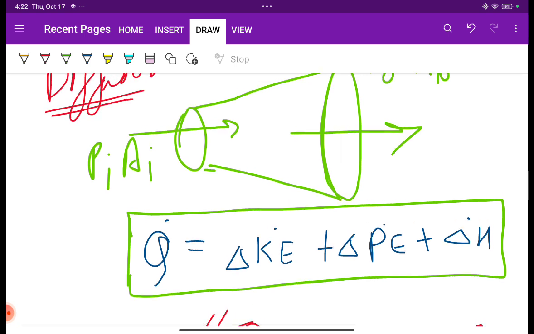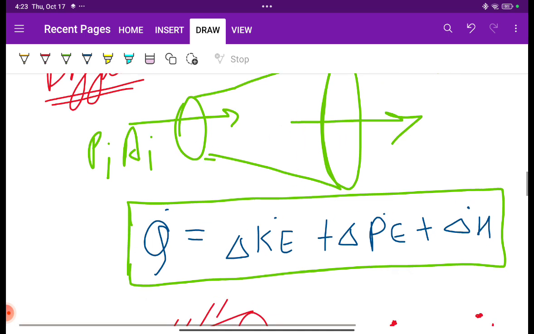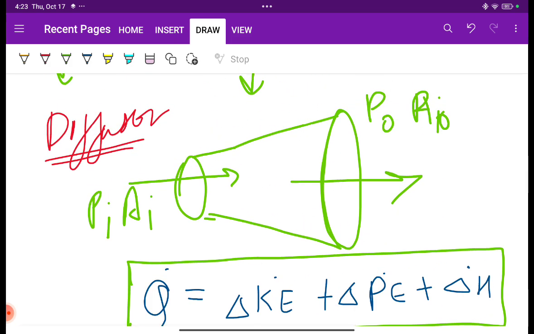Whereas in the case of the nozzle, it helps to increase the kinetic energy, but in the case of the diffuser, it helps to increase the pressure in the system. Our system is right now the diffuser itself, so it helps to increase the pressure, and pressure at output is greater than pressure at input.